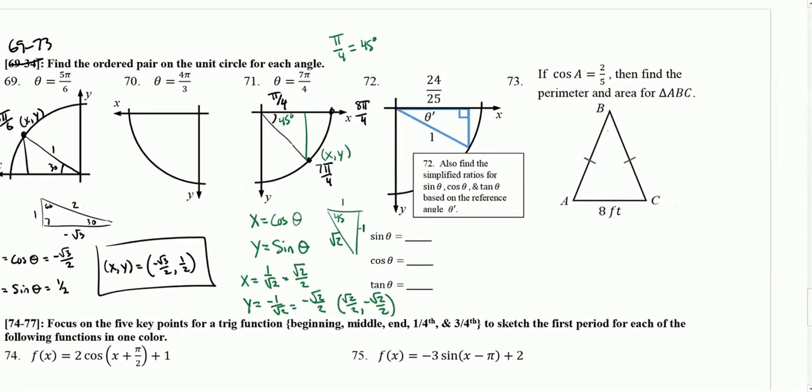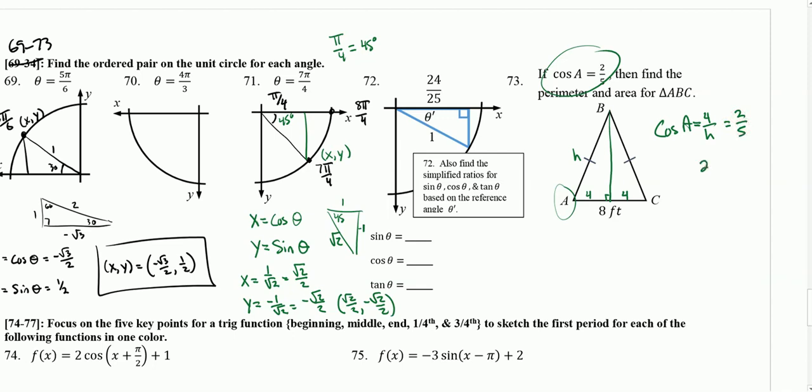73. If we have an isosceles triangle and we draw the altitude, it actually cuts that triangle into two congruent triangles, both with base length 4. We know the cosine of A from our picture is 4 over the hypotenuse, but it also tells us in the problem that cosine of A is equal to 2 over 5.